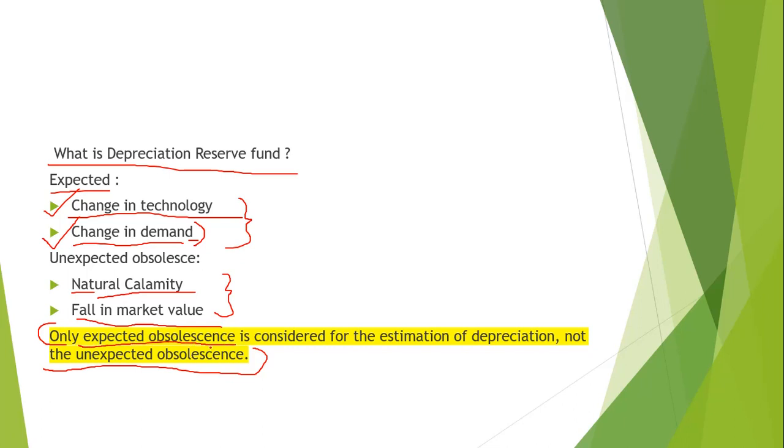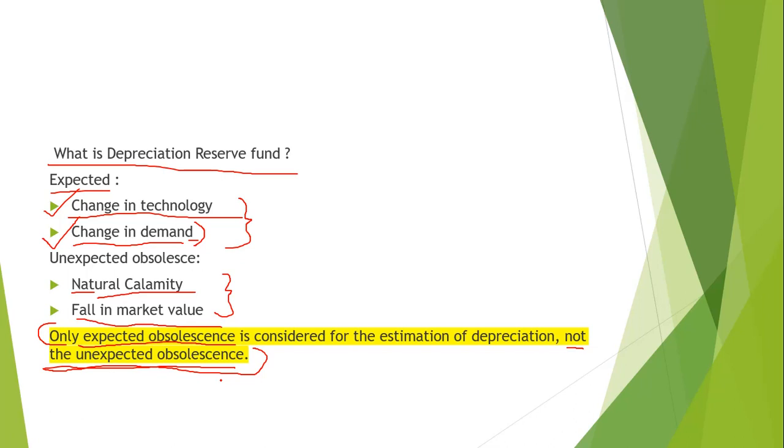So it is true that for the expected obsolescence, you have to charge off a certain amount of depreciation from that machine of a certain worth, but not in the case of an unexpected obsolescence. We do not recognize unexpected obsolescence through law, because we cannot prepare for unexpected obsolescence, right?